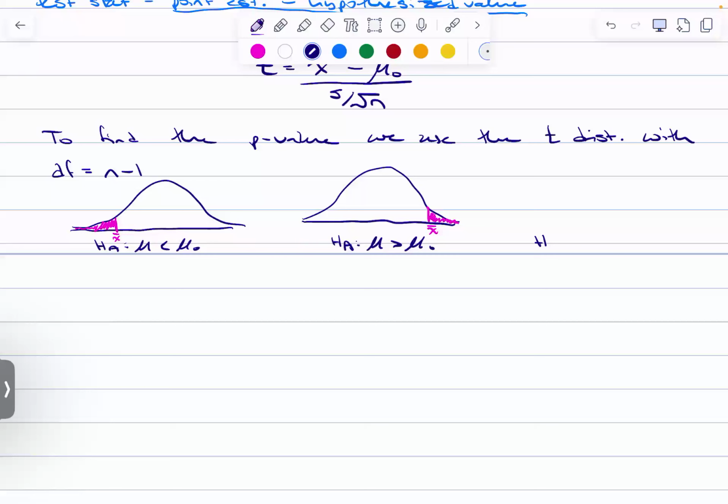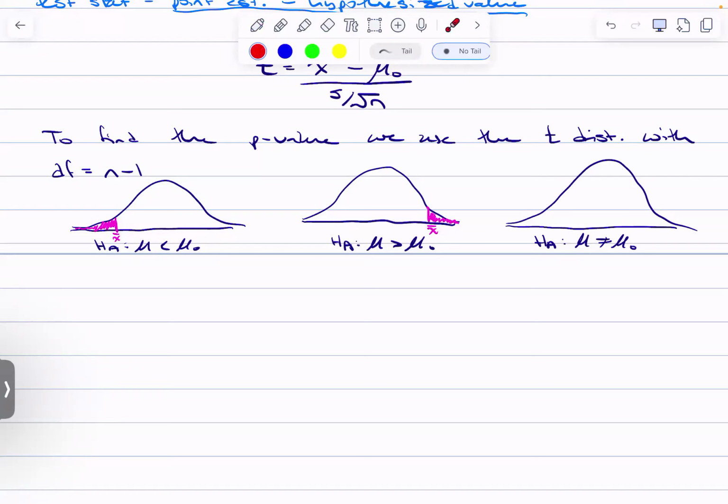And then the alternative is that mu is not equal to mu naught. Then your sample mean is allowed to happen in either tail. In fact, we're equally concerned with either tail. Now, it's only going to appear in one of the tails, and that's why we replicate it in the other tail, because we would be just as concerned with the other tail.